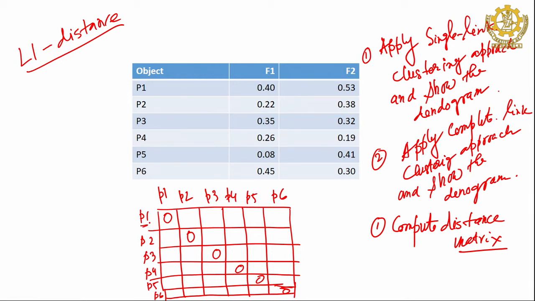So, what will be the distance from P1 to P2? The P1 P2 distance here is 0.18 plus 0.15. Okay. So, you add it. So, this will be 0.33.